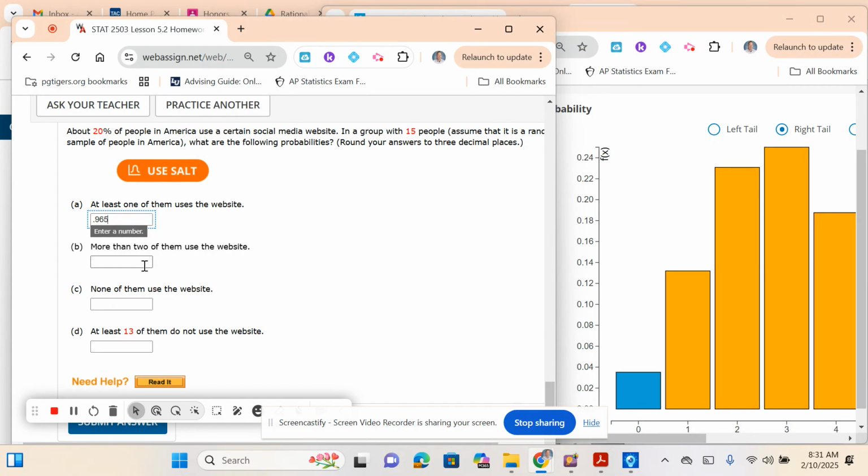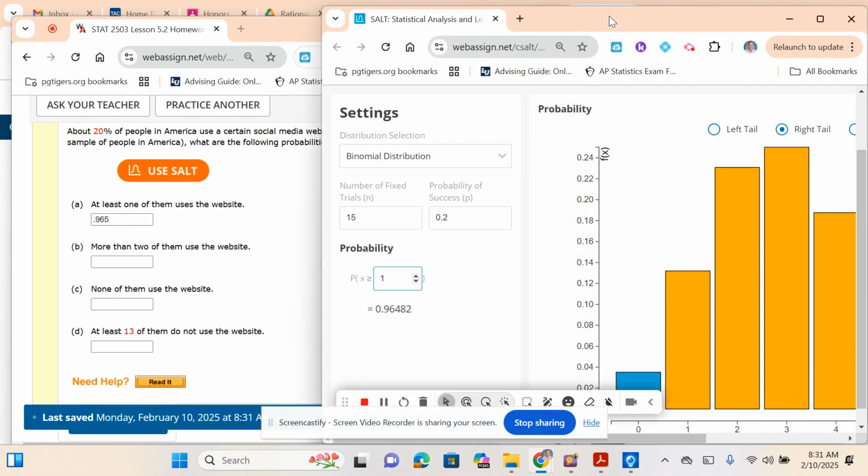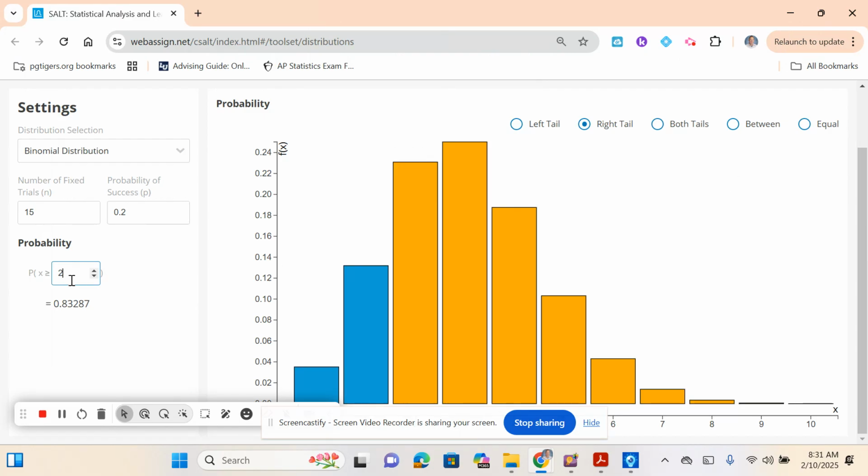More than 2 use the website. Now let's think about this. More than 2, is that above or below? Above, so you're going to use the right tail. Still 15 trials, still 0.2 probability of success. Now, more than 2, the temptation is to put 2 here. But what's wrong with that? Is 2 more than 2?